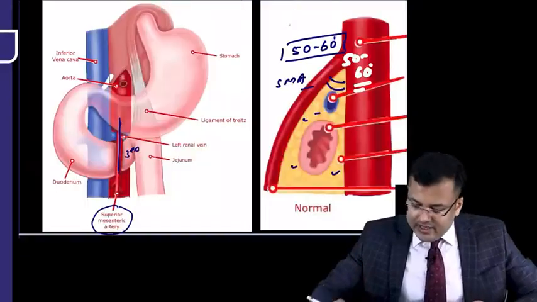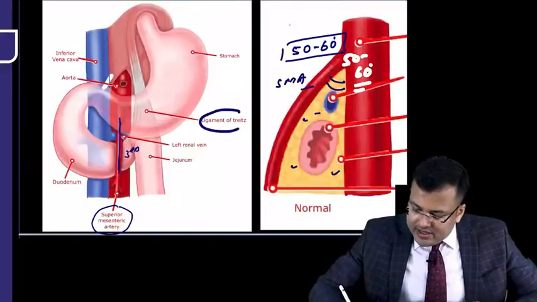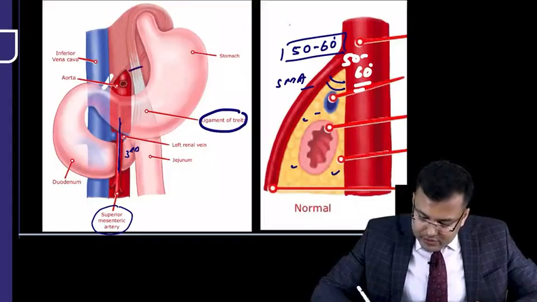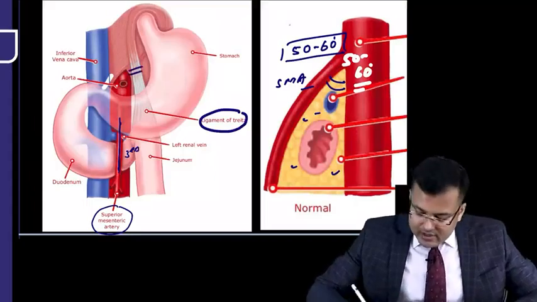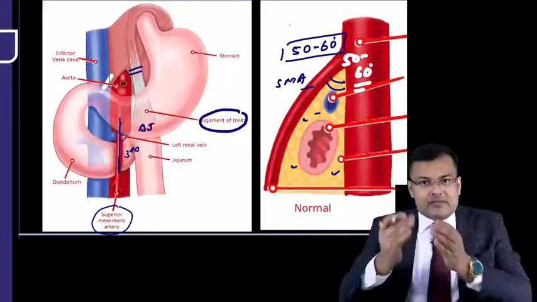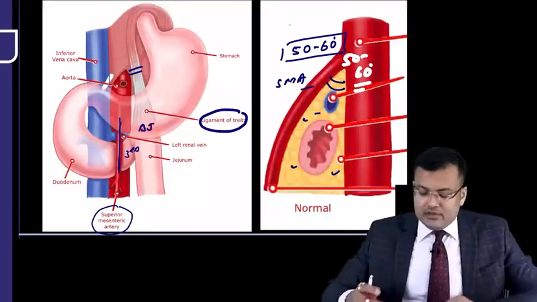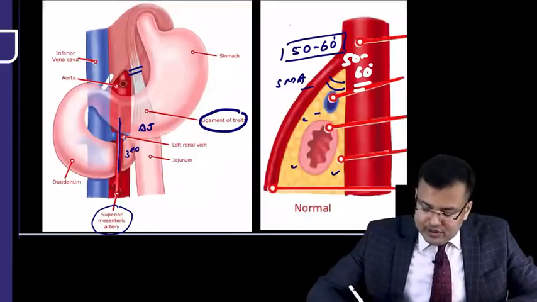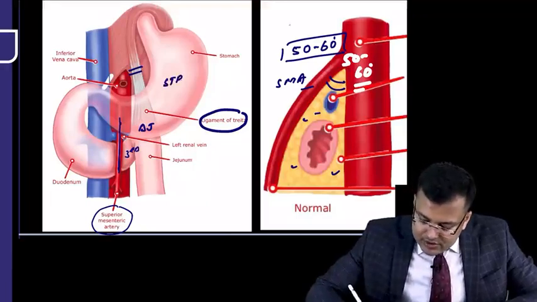Have a look. In this image, you can see this is the ligament of Treitz. So I can cut this ligament of Treitz. You divide the ligament of Treitz because it attaches at the DJ, and after that you mobilize the fourth part of duodenum. So division of the ligament of Treitz with mobilization of the fourth part of duodenum is known as Strong's procedure.